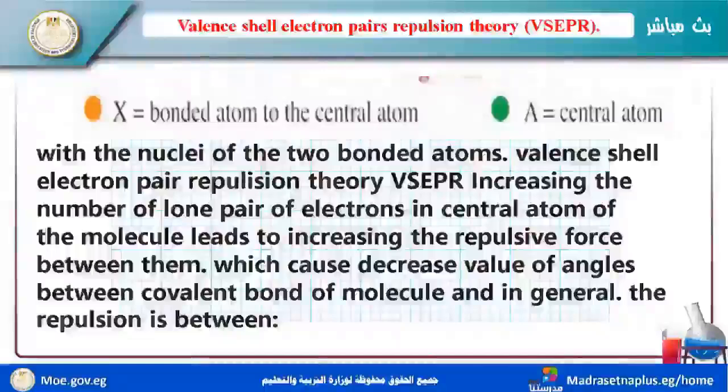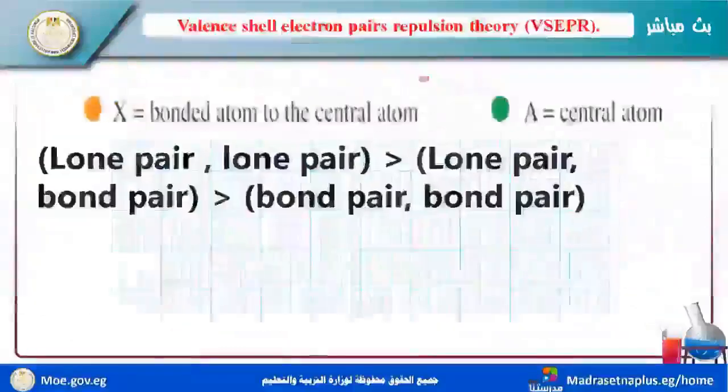And in general, the repulsion is between what? Between the pairs. Now we have an angle formed here.